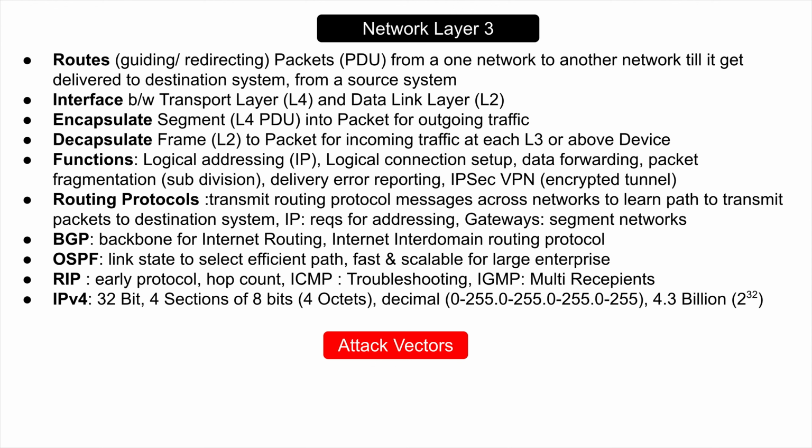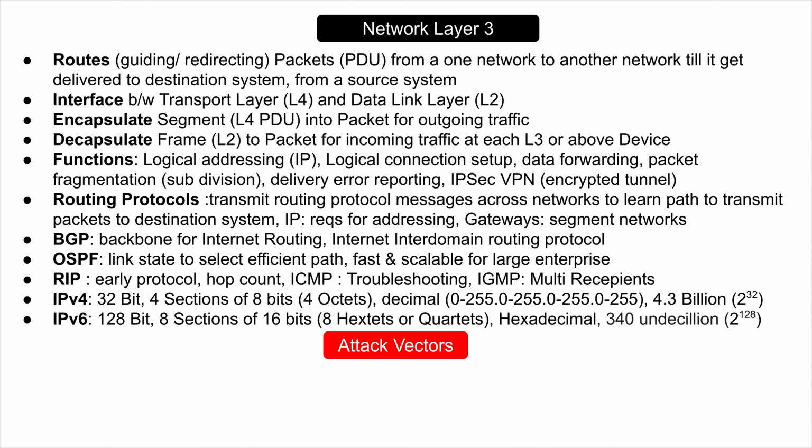Since these numbers are limited and there are more than 4.3 billion devices in the world, they have now introduced the IPv6 address, which is a 128-bit address with 8 sections, each of 16 bits, called hextets or quartets.